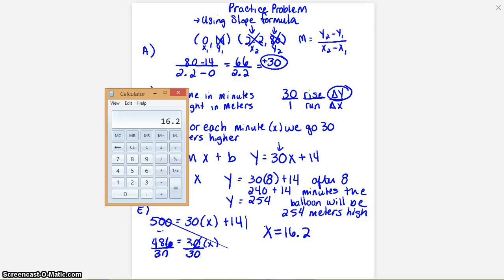The interval, it's asking for an interval, is between 0 and 16.2 minutes. All right. Let me know if you have any questions.